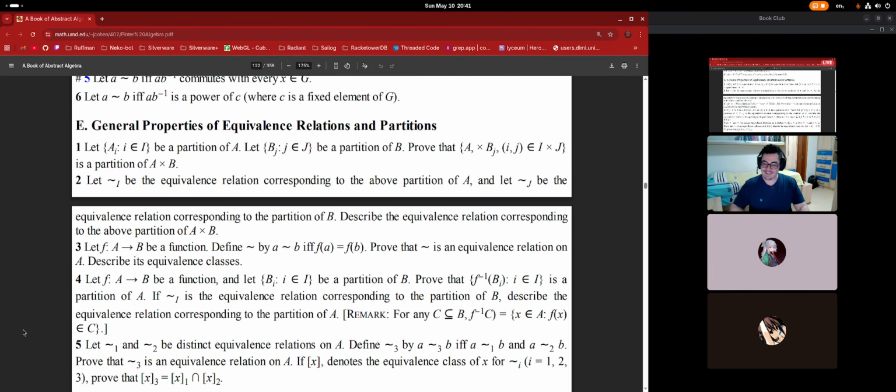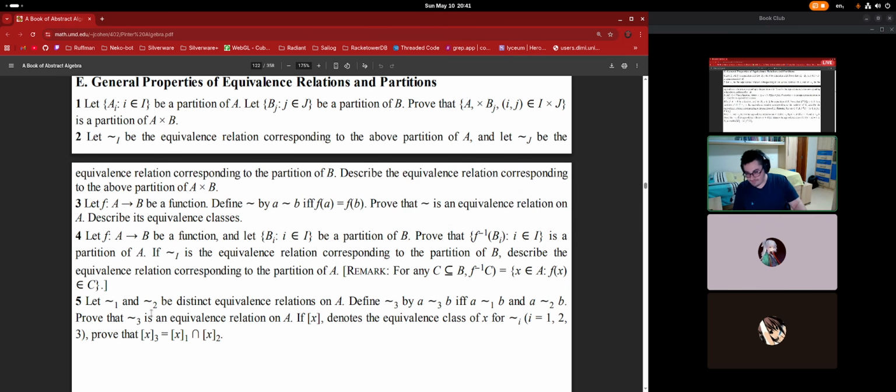This is weird. And then finally E5, which is kind of similar-ish to E true, right? Because it's now telling us that we have two distinct equivalence relations on A, E1 and E2, and then we have E3, defined if and only if. So it's kind of similar in a way because this is the conjunction Marin was talking about.